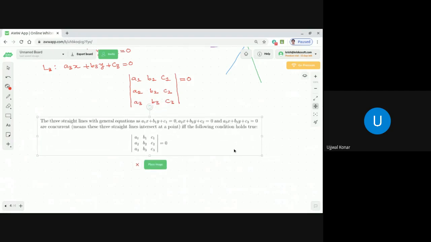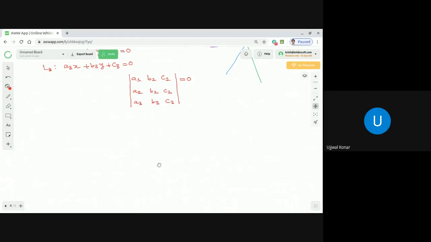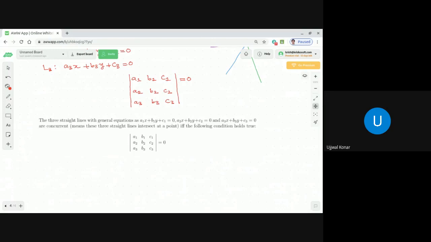The three straight lines with general equations a1x plus b1y plus c1 equal to 0, a2x plus b2y plus c2 equal to 0, and a3x plus b3y plus c3 equal to 0 are concurrent, meaning these three straight lines intersect at a point or pass through a point, the way you want to define it, if and only if the following condition holds true, that is the value of the determinant is 0. So iff says that if the straight lines are concurrent, then the value of the determinant is 0, and also if the value of the determinant is 0, then you can conclude these three straight lines are concurrent.